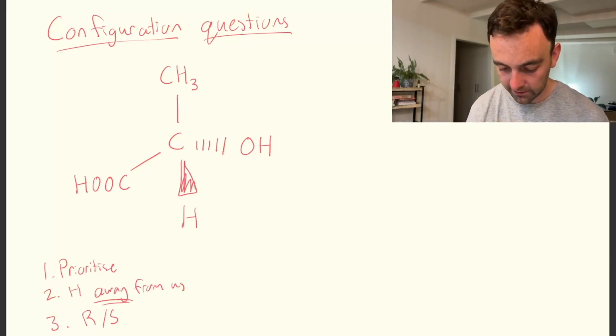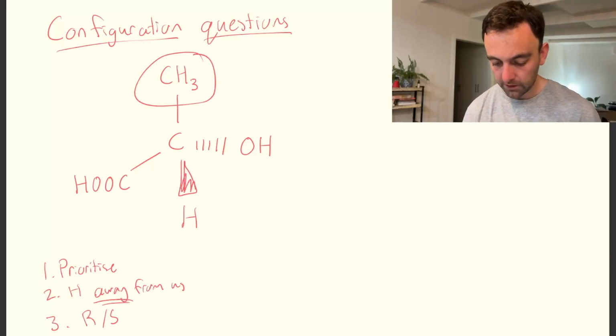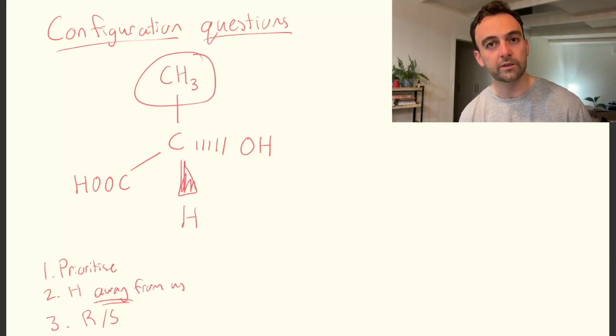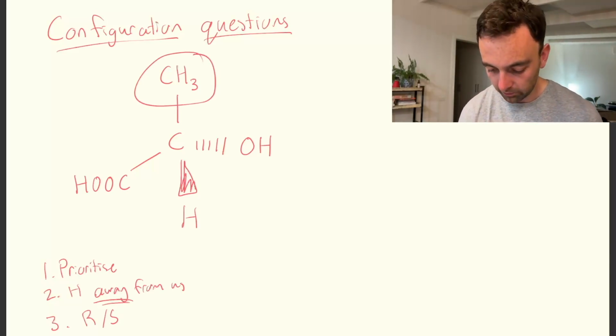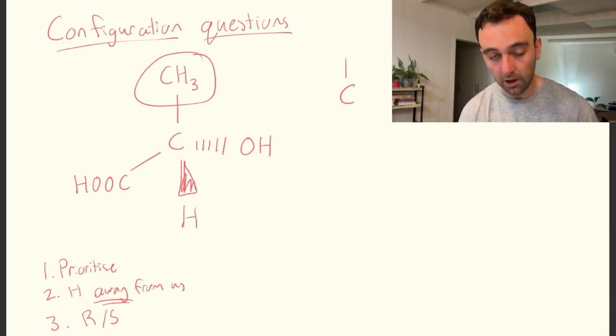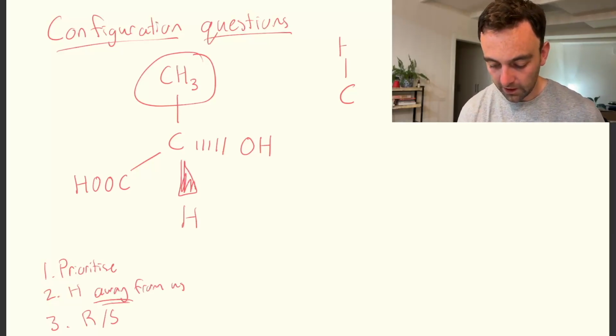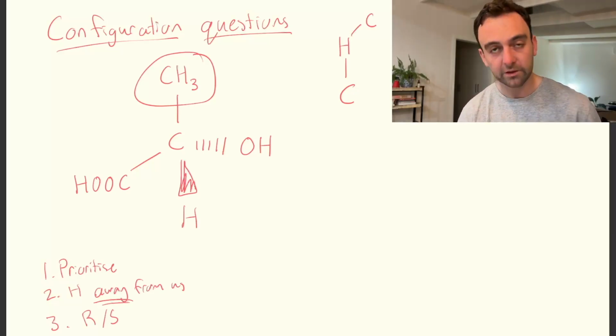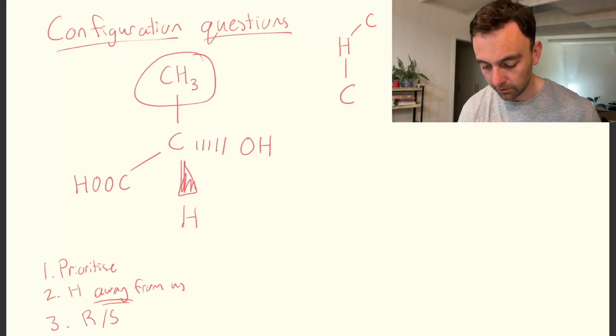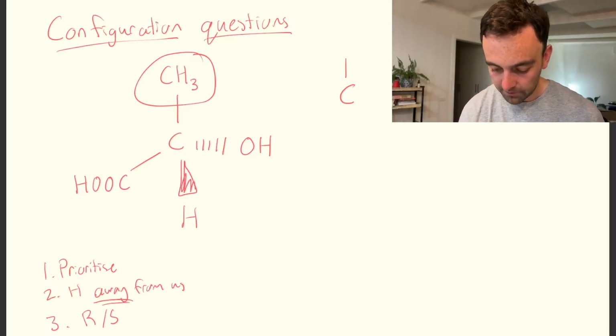So if we take this example of the CH3 up the top here, the first thing that it's bonded to is the carbon, because we know that carbon can form 4 bonds, but hydrogen can only bind one thing. So we can't have a hydrogen bonded to that carbon because then it's forming 2 bonds. So it must be the carbon bonded to the hydrogen.